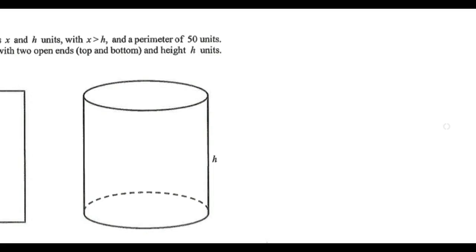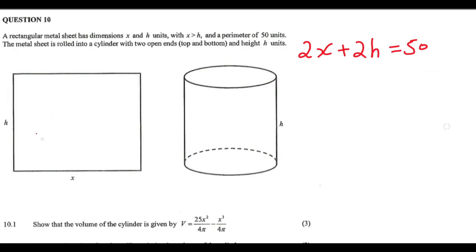The perimeter of the rectangular sheet is 50 units. So 2x plus 2h is equal to 50. Must remember this is a rectangle, x is here and the opposite side is also x. This is h, the opposite side is also h. So 2x plus 2h is equal to 50.